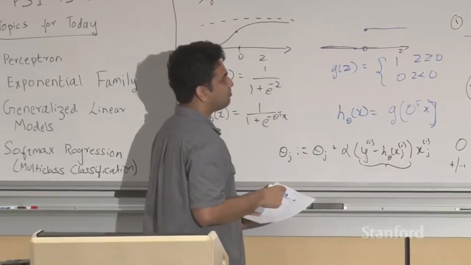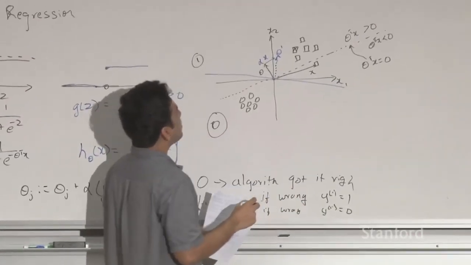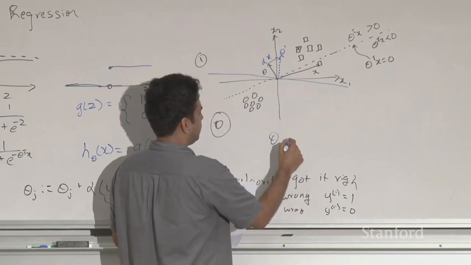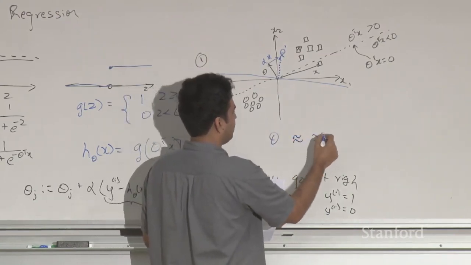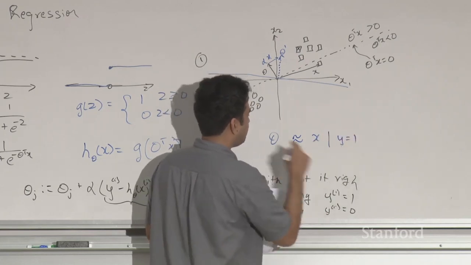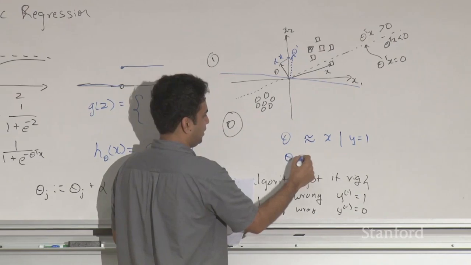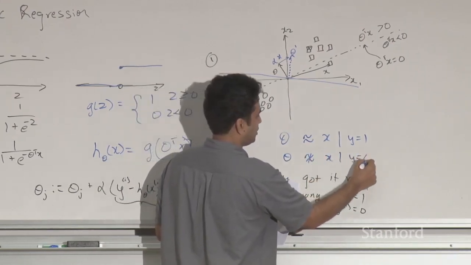The idea here is that we want theta to be similar to x in general where y is 1, and we want theta to be not similar to x when y equals 0.